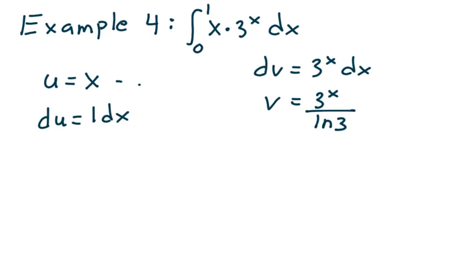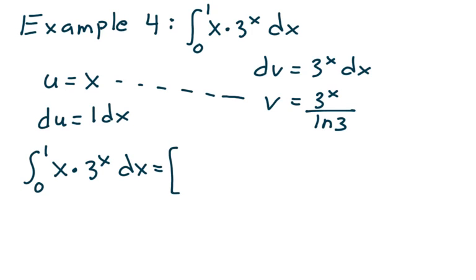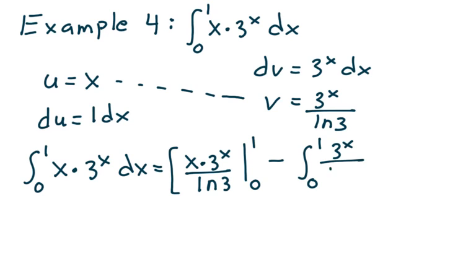And so I'm going to go uv, right? So the integral from 0 to 1 of x times 3 to the x dx is, I'm going to get x times 3 to the x over natural log of 3, evaluated from 0 to 1. And I'm going to subtract the integral from 0 to 1 of 3 to the x over natural log of 3 dx.